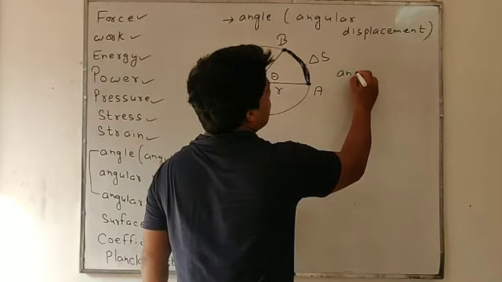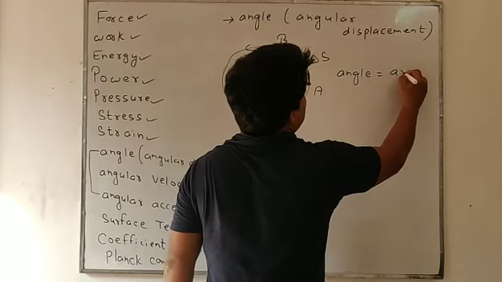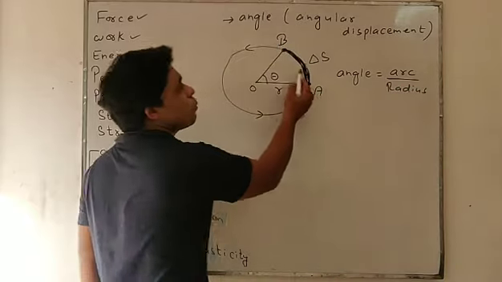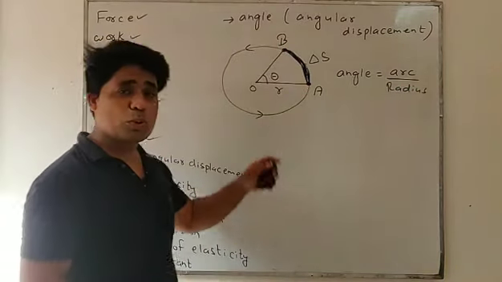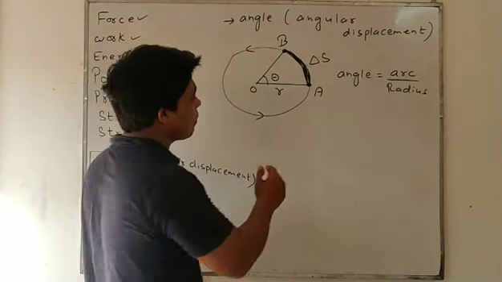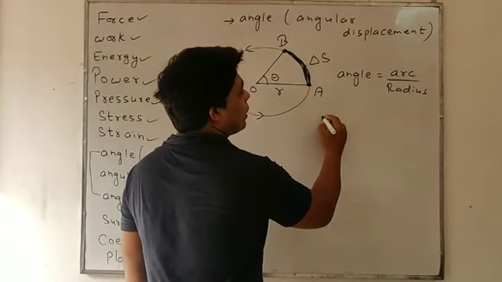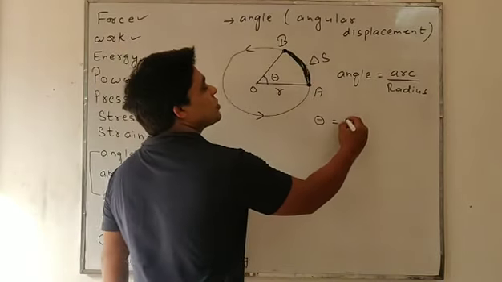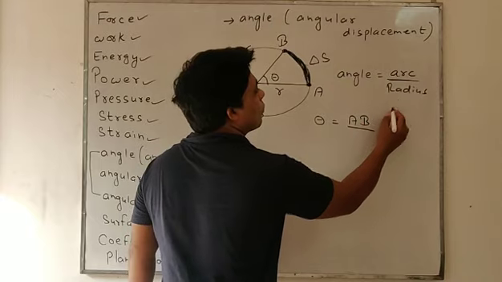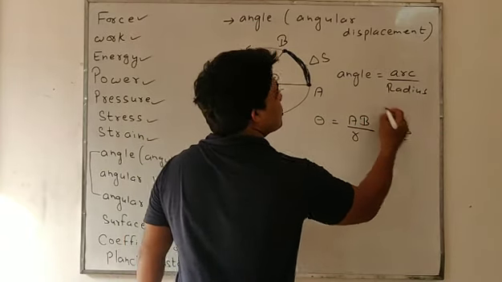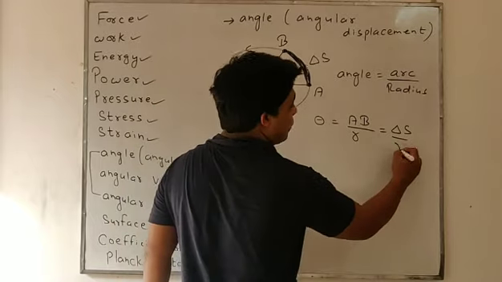In other words, arc by radius. Change in position of an object with respect to the center is called angular displacement. Angle is represented by theta. This distance AB is called the arc, which we assume as delta S, and the radius is r.